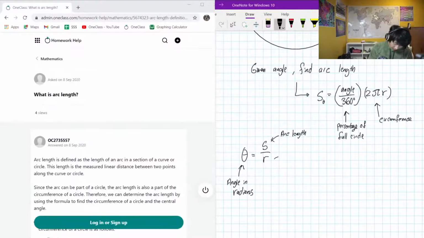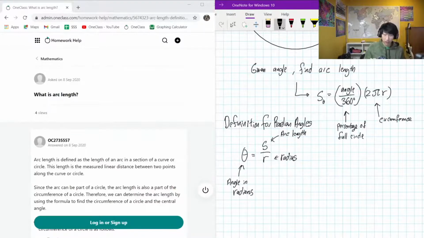Arc length and radius. So this is like the definition for radian angles, and this is extremely important. You will use it in quite a few different areas of mathematics as well as engineering and science. Radian knowledge of angles is very important.